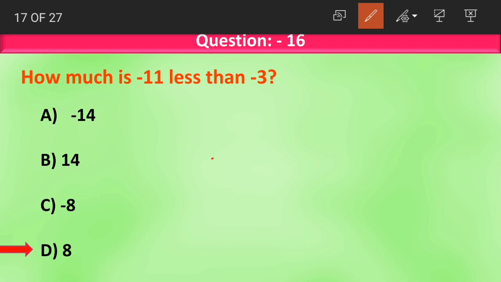Understood, class? What did we do? Minus 11 less than minus 3. So minus 3 minus of minus 11. If you get confused like this in a question, replace these numbers with any two familiar integers, like 2 less than 3. If they ask you how much is 2 less than 3, what will you do?